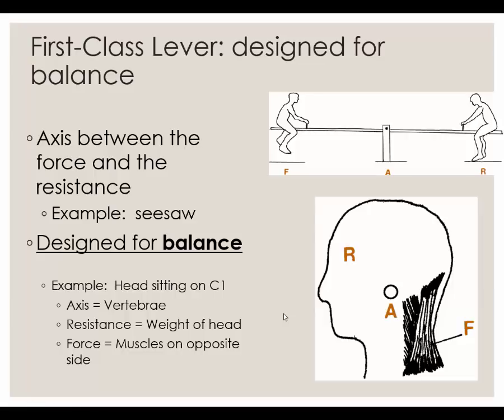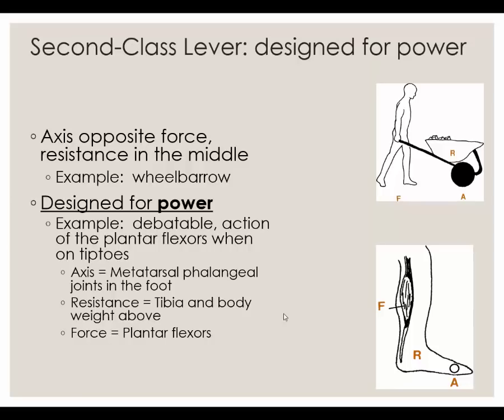Second class lever designed for power. The axis is opposite of the force, and resistance is what's in the middle. So an example might be a wheelbarrow up here. Because this is designed for power, the action of the plantar flexors when you're on your tiptoes may be an example. It can be debatable, but in this case, the axis is the toes, the toe joints, the metatarsophalangeal joints in the foot here.